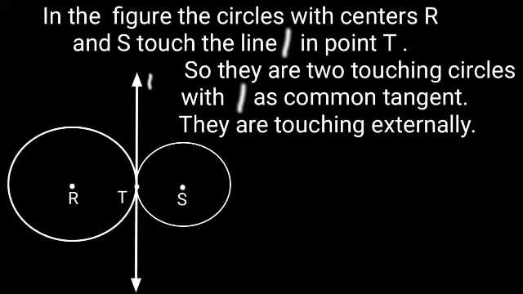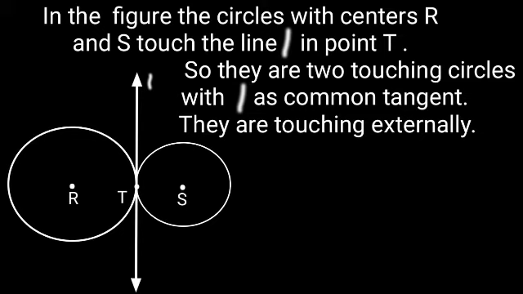In the figure, the circles with centers R and S touch the line L at point T. So, they are two touching circles with L as a common tangent.